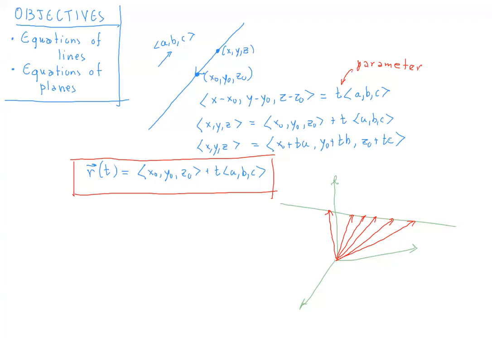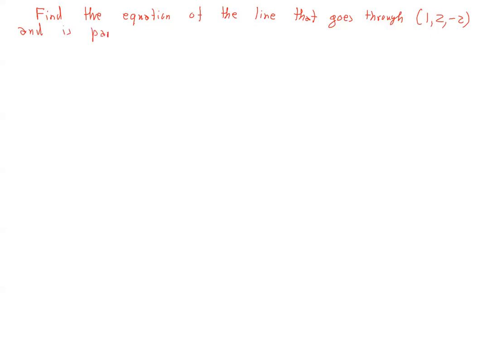Let's do an example in order to understand how this works. So let's say that we're asked to find the equation of the line that goes through (1, 2, -2) and is parallel to the vector (1, 3, -4).